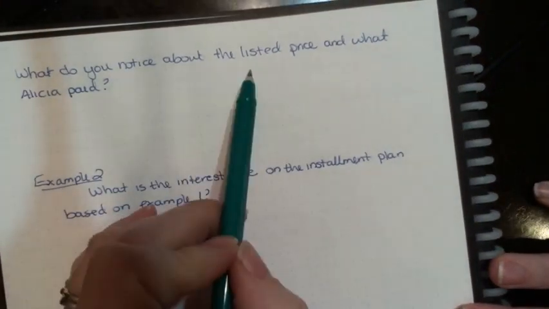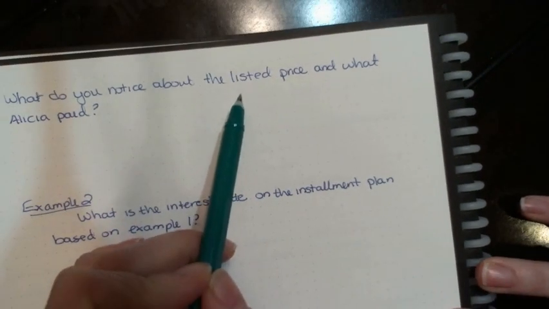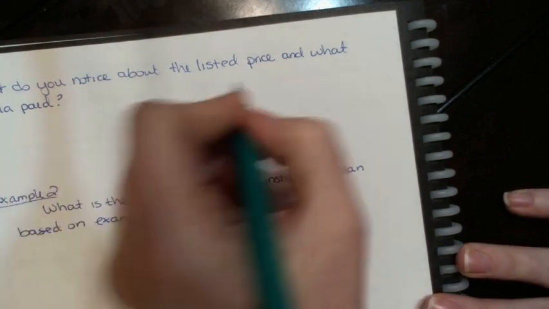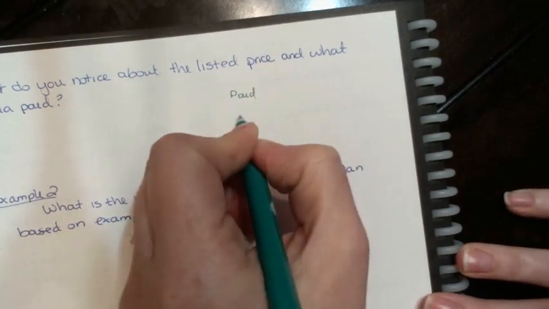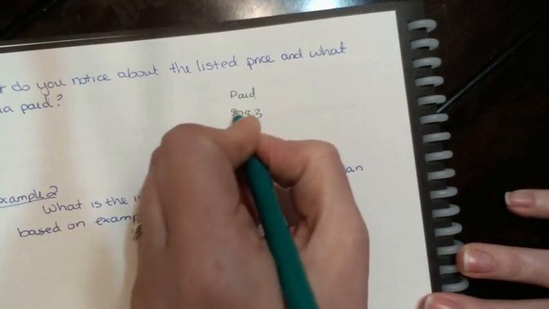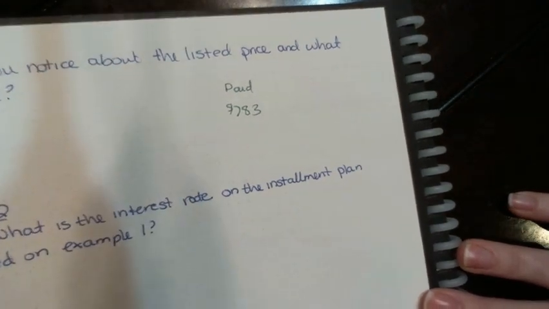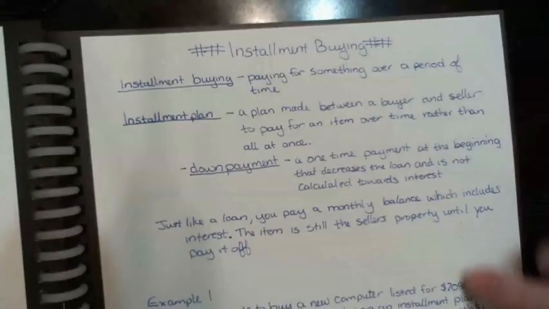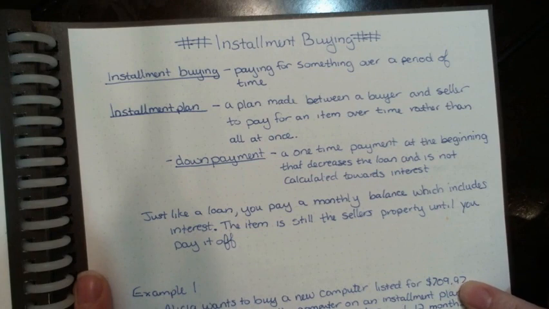Now, what I want you to do for the next example, what do you notice about the listed price and what Alicia paid? Well, she paid $783. And the original listing in the equation was $709.97.